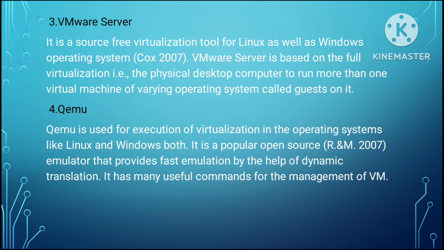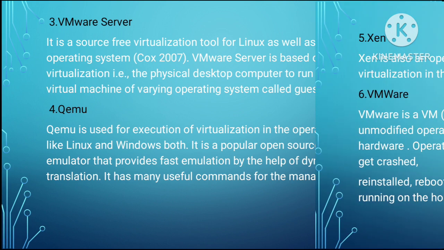VMware Server. VMware Server is a source-free virtualization tool for Linux as well as Windows operating systems. VMware Server is based on full virtualization. QEMU. QEMU is used for execution of virtualization in operating systems like Linux and Windows. QEMU is a popular open source emulator that provides fast emulation with the help of dynamic translation.